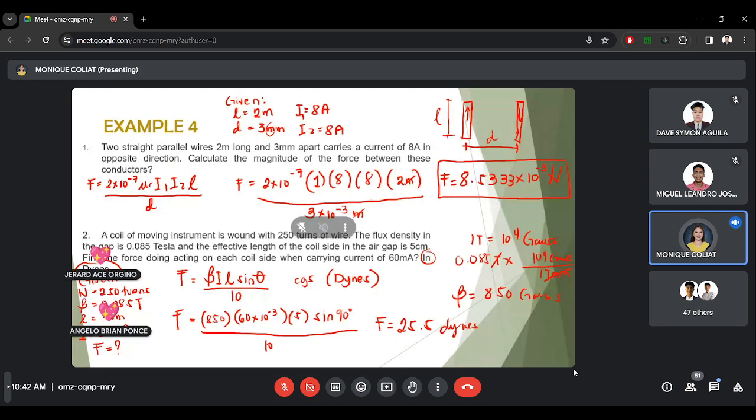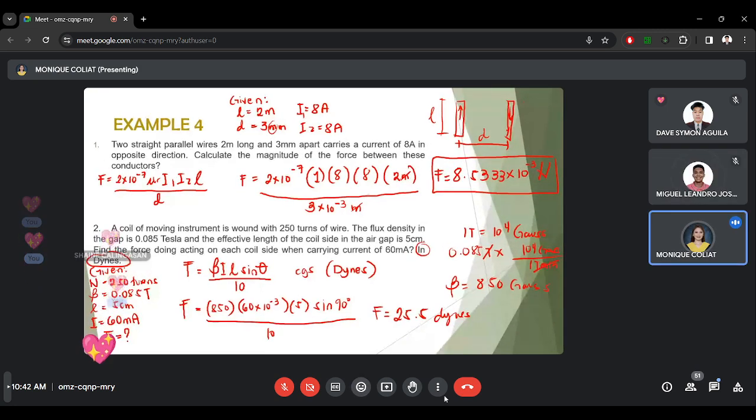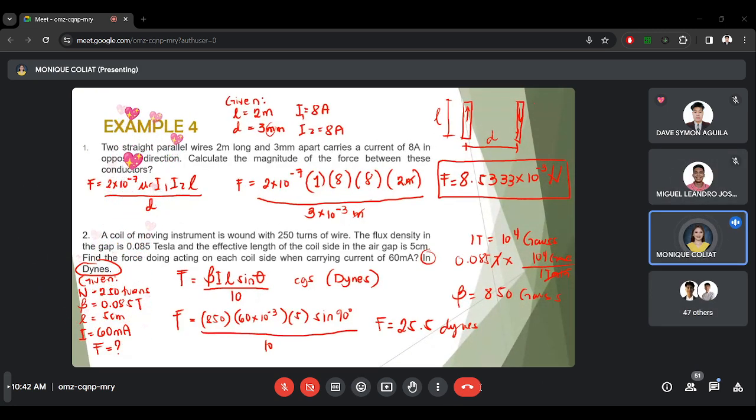Okay, so this is the force, but this is not the final answer. Pagka ang hiningi sa inyo is force in dynes, it should be a big value like thousands.